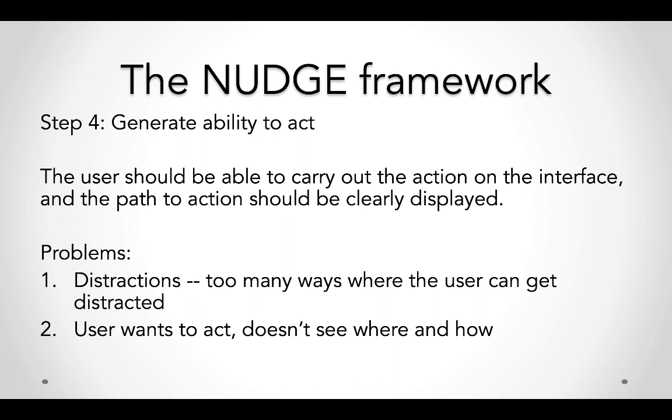So I want to buy something on a website. How do I do it? Do I see exactly what I have to do? Add to cart, or purchase now, buy now, move to checkout, and so on. I have to be able to see this in a very clear fashion. So the path to the action has to be clearly displayed.